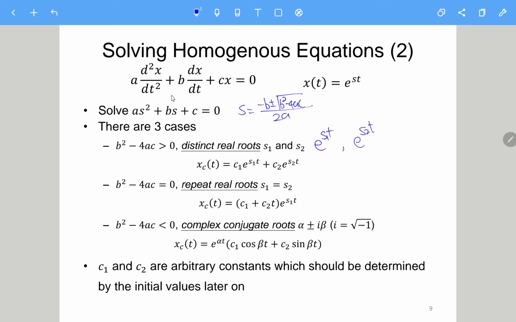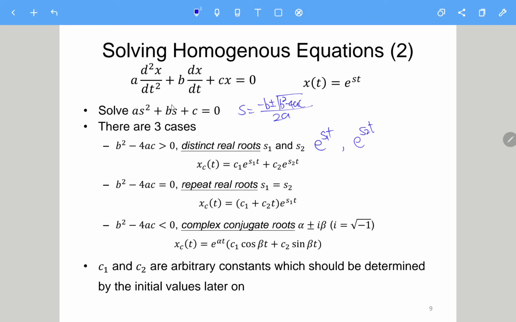Because here we try to plug in this function into here, and then we get this one to see what should be the s. And now we know what is s1 and s2, which means that exponential to s1t and exponential to s2t should satisfy this homogeneous equation.